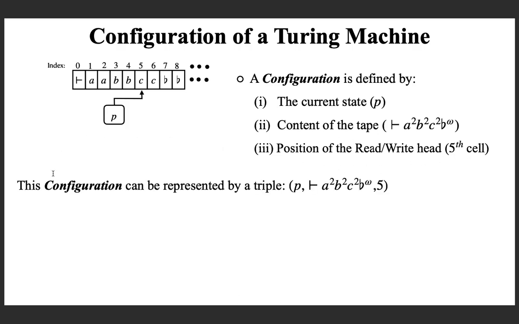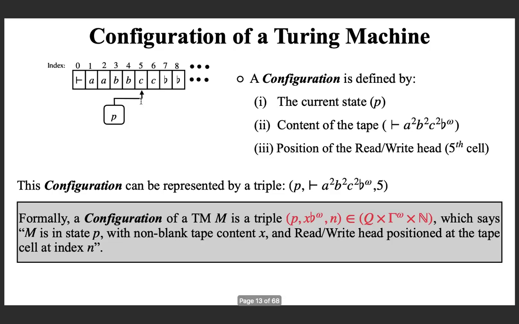So this example configuration can be represented as a triple, meaning these three components. The state is P, the content is the left hand marker followed by a square, b square, c square followed by infinitely many blank symbols, and the read head is pointing to the fifth cell in the tape. So that is a configuration.